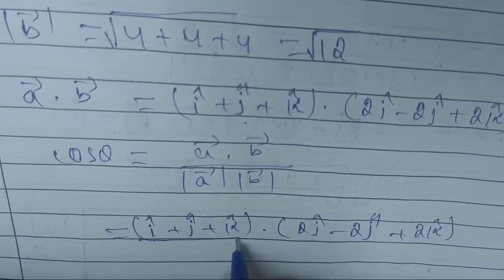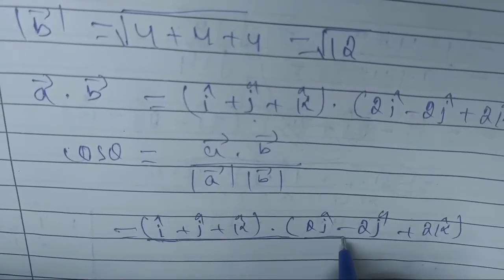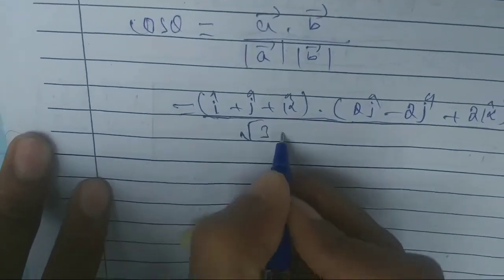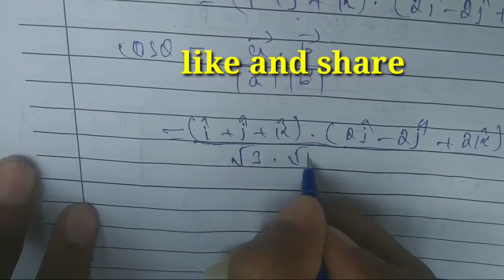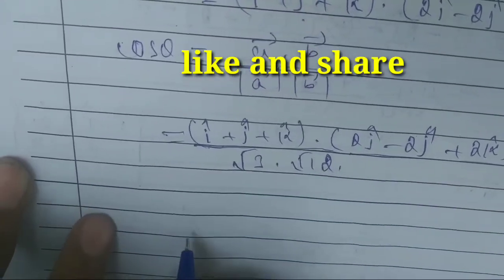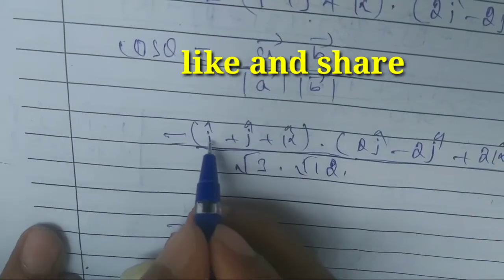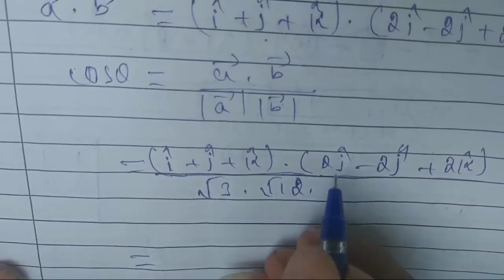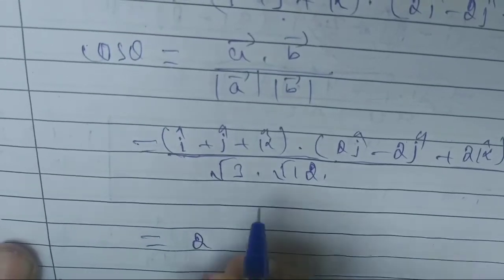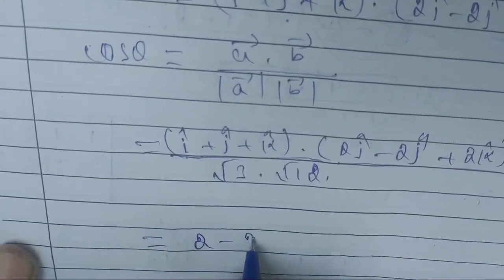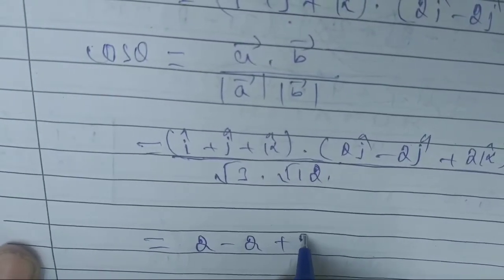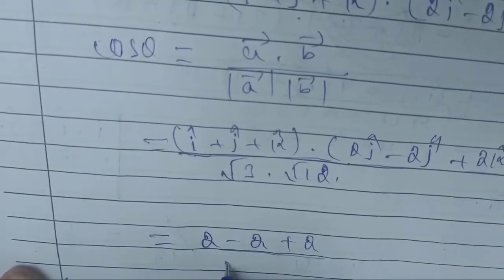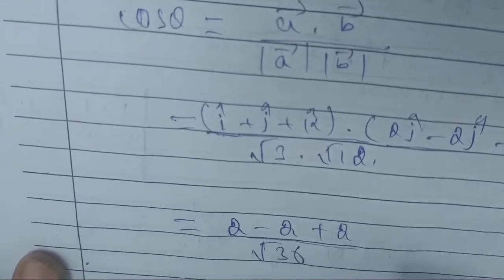Already we got mod of vector a and mod of vector b, that is root 3 into root 12, which is equal to, just see, 1 into 2 into i, that is 2, minus 2 plus 2. Here root 3 into root 12 is root 36.